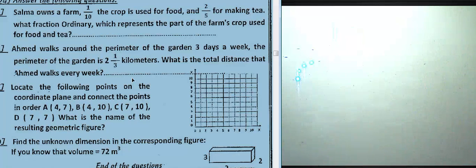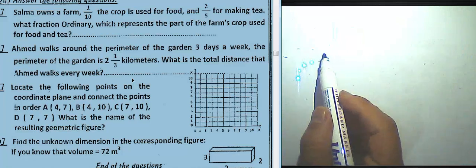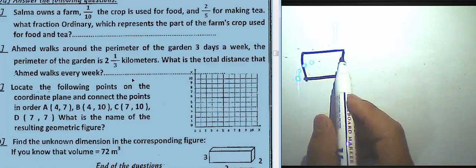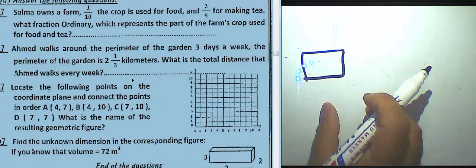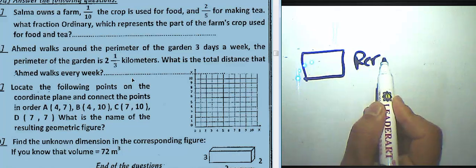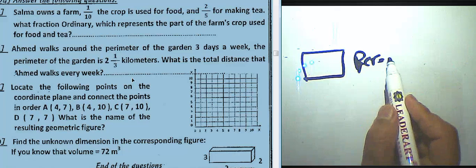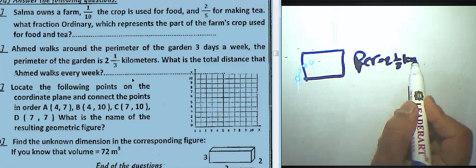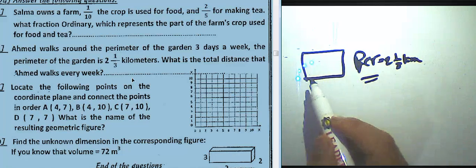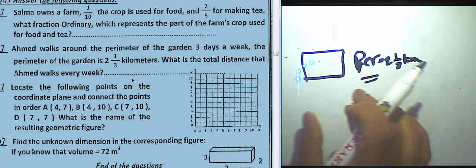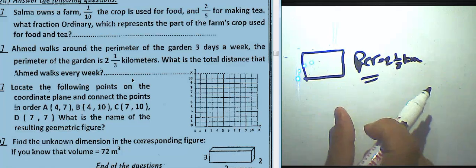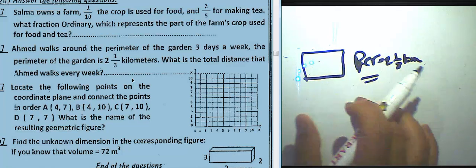Again, Ahmed walks around the perimeter of the garden 3 days a week. The perimeter was 2 1/3 kilometers. It's the perimeter around the garden. What is the total distance that Ahmed walked every week?